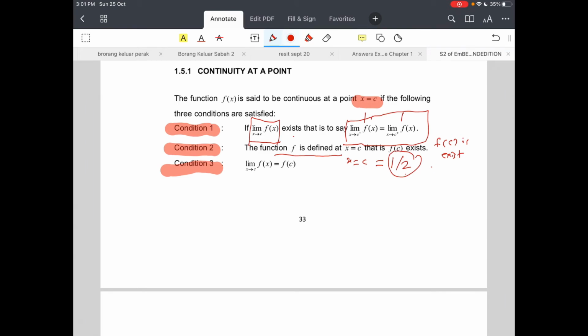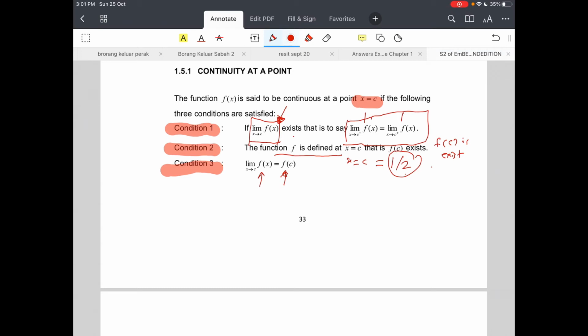Now to satisfy the third condition, the answer for the two-sided limit from the first condition must be equal to the value at condition number 2.